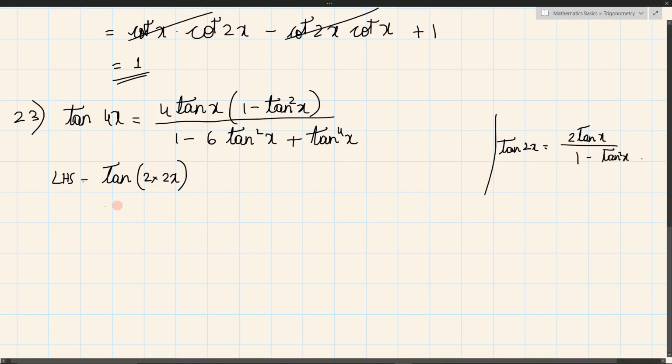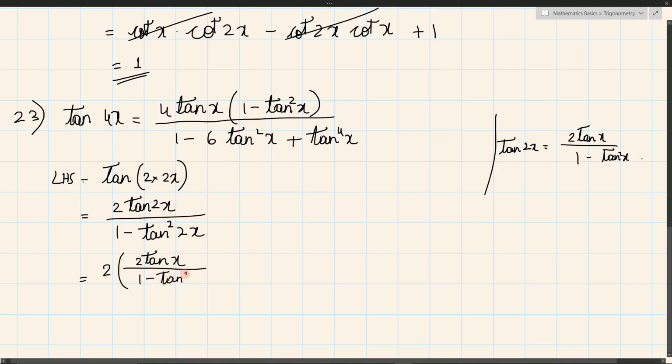So using this formula I can simplify this as 2 tan of 2x divided by 1 minus tan square 2x, right? Again I'll apply the tan 2x formula, that is 2 into 2 tan x divided by 1 minus tan square x, whole divided by 1 minus, again the tan 2 theta formula, we'll have 2 tan x divided by 1 minus tan square x.